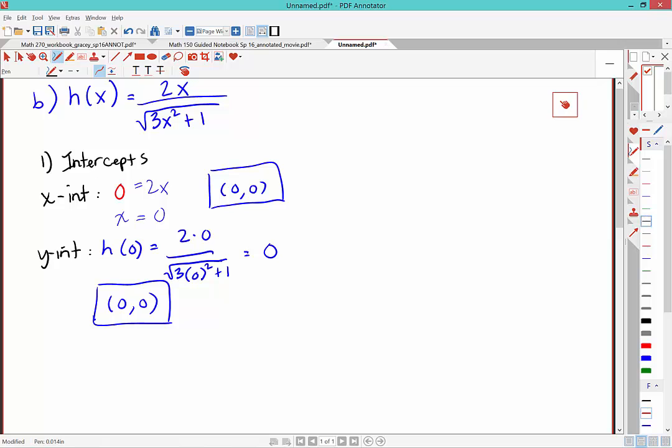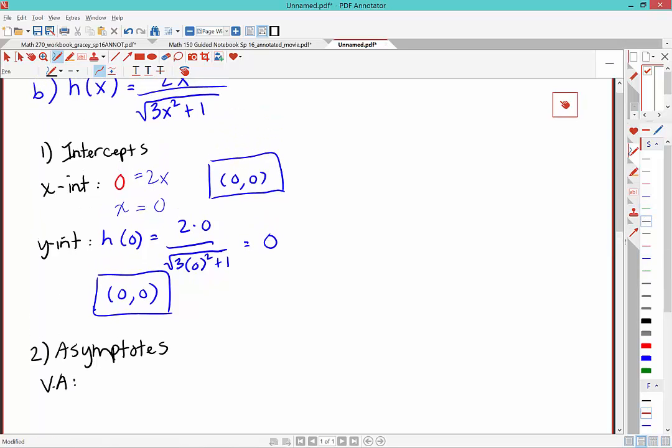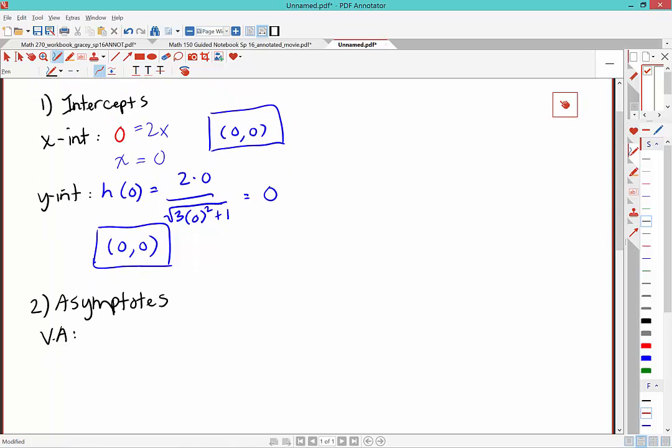All right, so secondly, let's do our asymptotes. For our vertical asymptote, or asymptotes, we don't want that. We want that denominator to be greater than 0.